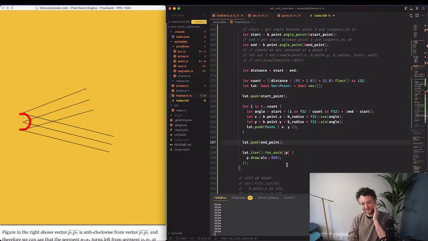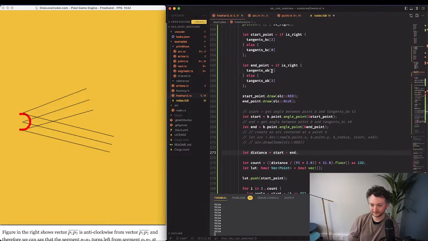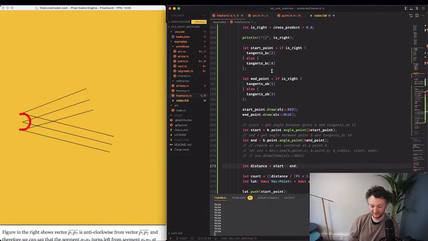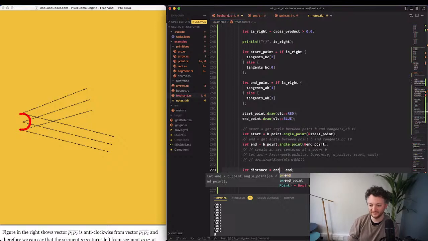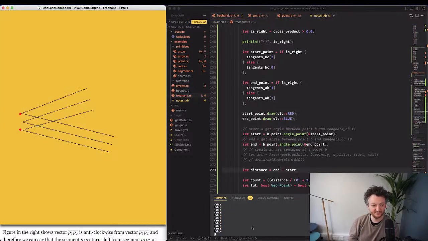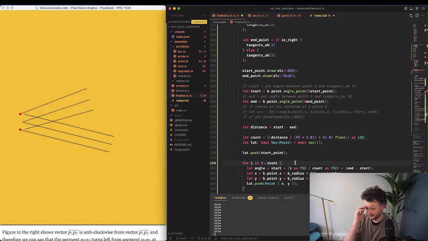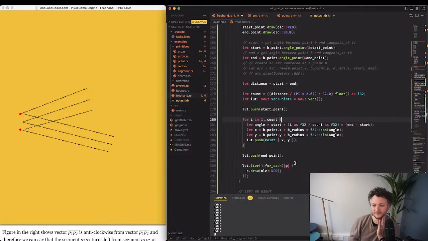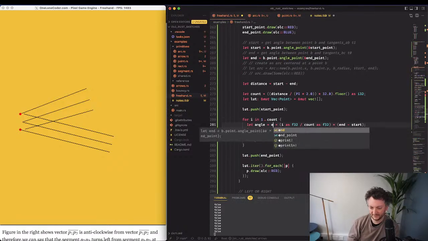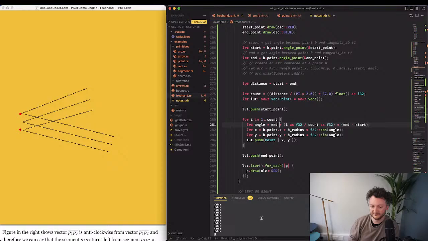So it should be going the other way. So we could do, what if it's end minus start? I'm kind of going about this in a very, very bad way. Start minus end. In this case, would it be end? Maybe that's it.